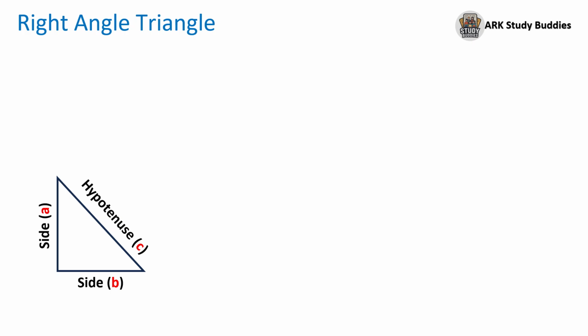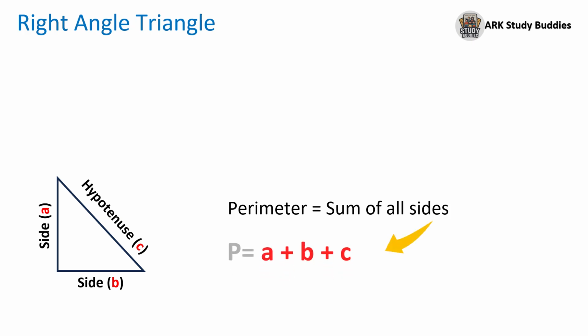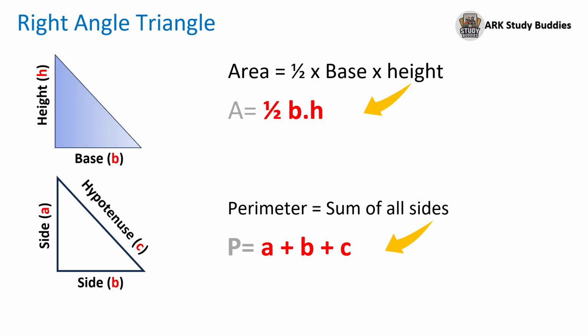When the sides are A, B and the hypotenuse is C, then perimeter is equal to the sum of all sides, that is equal to A plus B plus C. So there are two formulas for a right angle triangle: half B into H, and A plus B plus C.